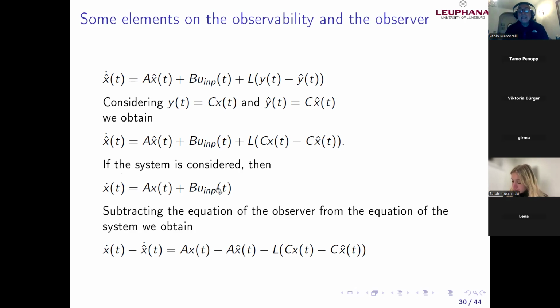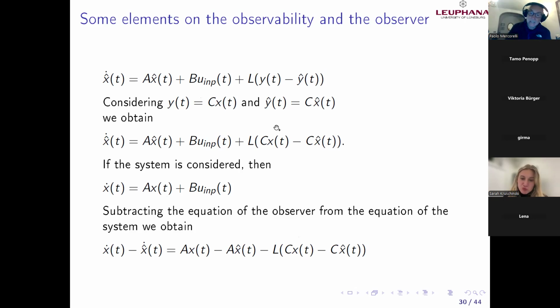Now, subtracting the equation of the observer from the equation of the system, we obtain this equation here. Please pay attention, here is the last thing. If I do this equation minus this one, I will have x dot minus x hat dot equals A multiplied by x of t, minus, remember, this equation minus this equation, A multiplied by x hat, minus this.